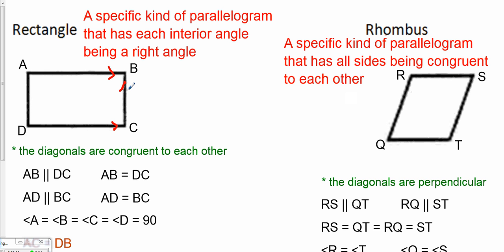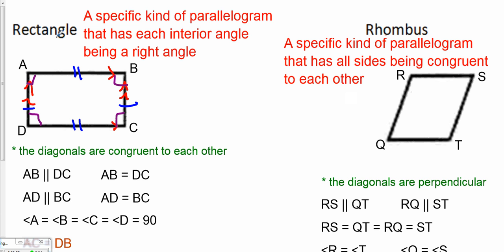It's a parallelogram, so that is parallel to that. That is parallel to that. This side is congruent to this side. This side is congruent to this side. They're the same exact lengths. Use this color. All of these are going to be right angles, not because it's a parallelogram, but specifically because it's a rectangle.